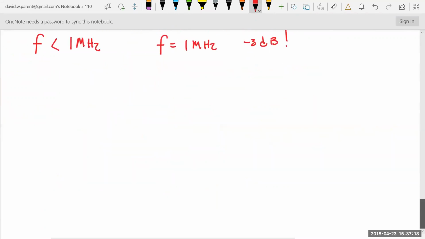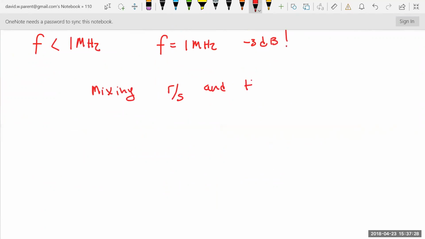Now, some other issues, I didn't make a big deal out of it, but mixing radians per second and hertz, that's not a good idea. And then sometimes, because yeah, if you said omega is less than 2 pi gain bandwidth, okay, I didn't say in hertz, so this would have been okay.